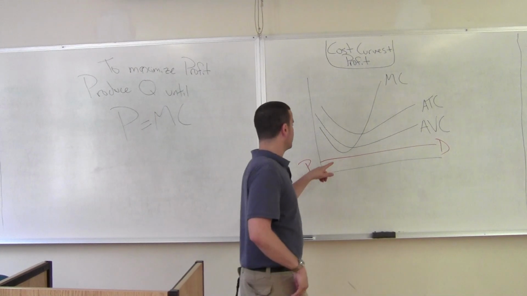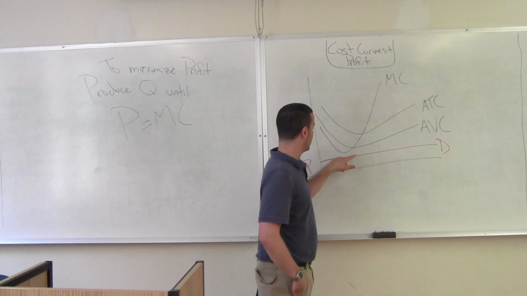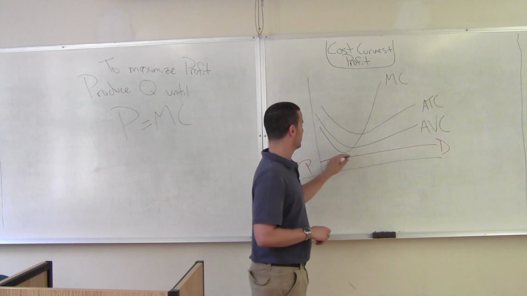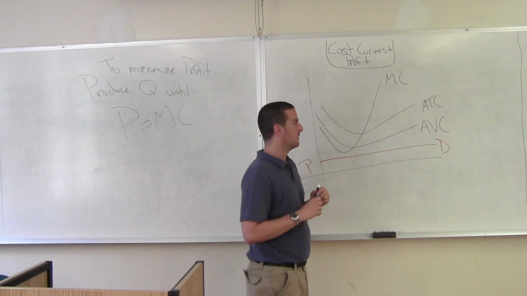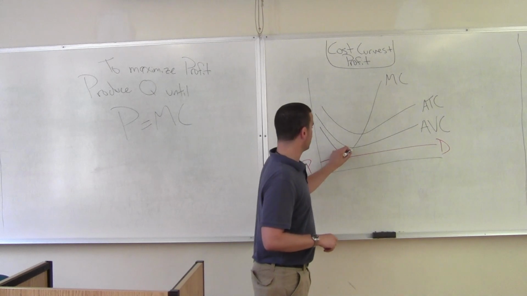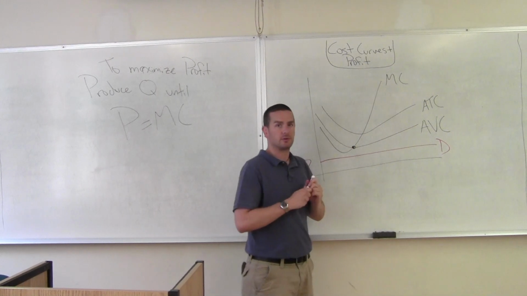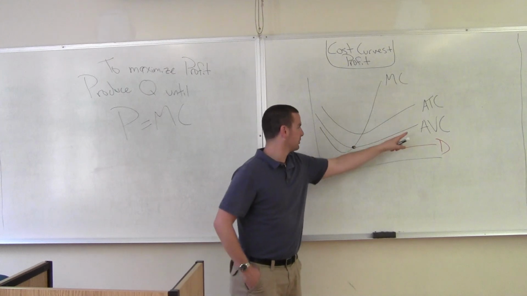Why? Well, your average revenue is right here. Right? It's at this level. But this is your average variable cost. Right there. Okay? That's your average variable cost.